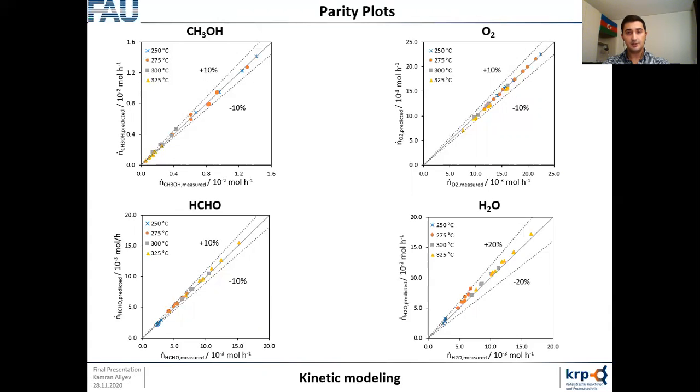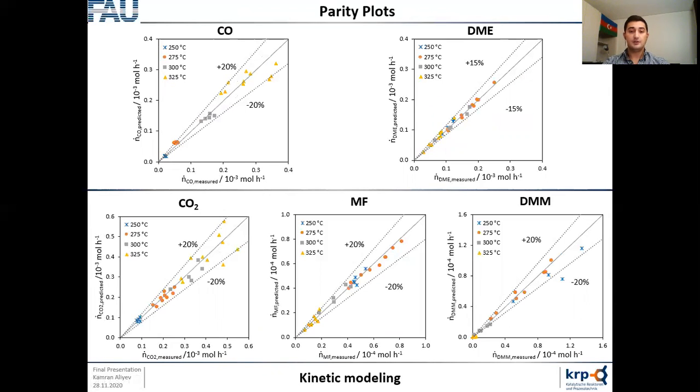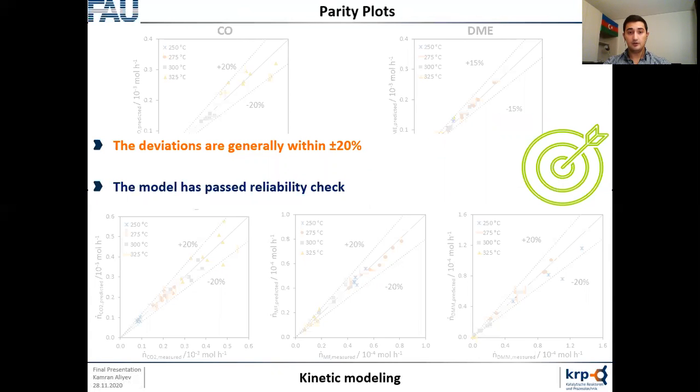And as you can see, the model predictions of the reactants like methanol and oxygen, as well as the target product formaldehyde, are very good, and the accuracy is about 10%, whereas the model predictions of side products are within 20%. This is actually quite reasonable, particularly taking into account the high exothermicity of my system.